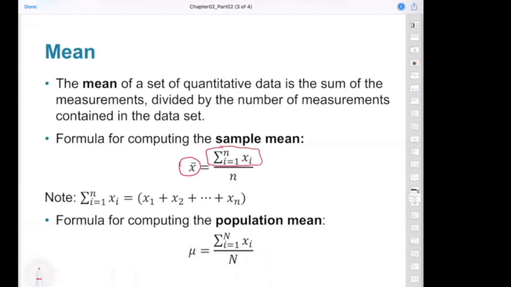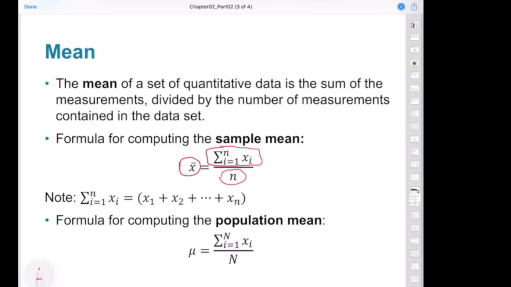What is n? N represents here the number of measurements we have, or the number of data we have, okay? So for example, if you have 10 numbers, the sample mean in this case will be the sum of these 10 numbers divided by 10, okay? This gives us the sample mean.